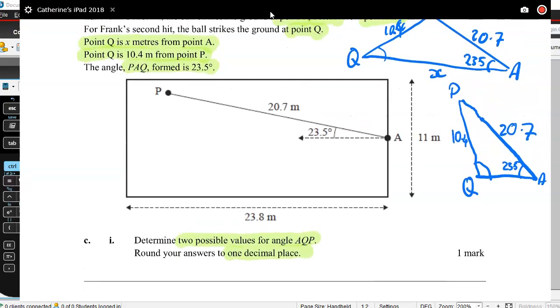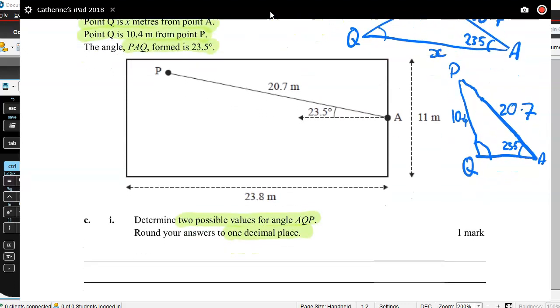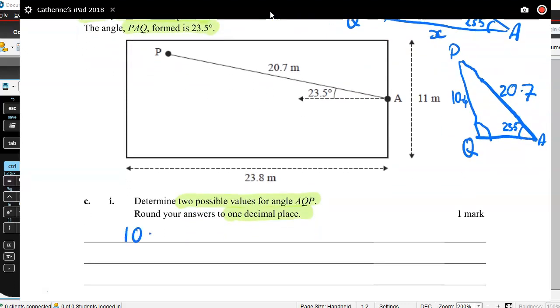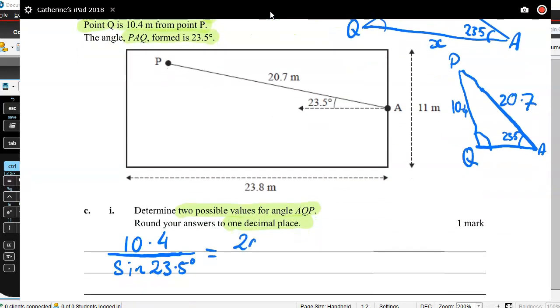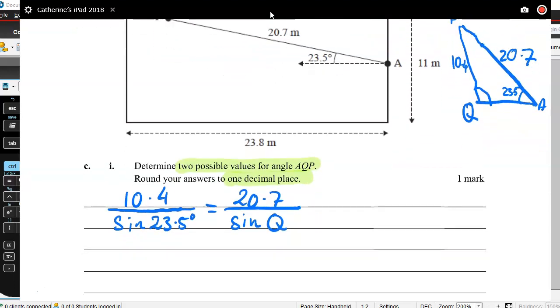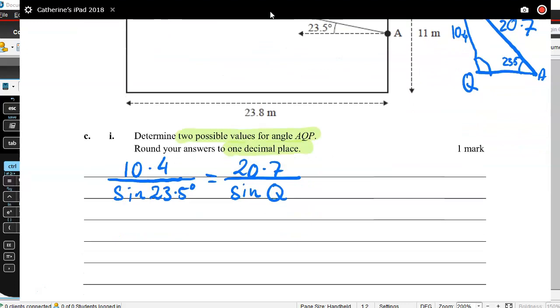I know 10.4 divided by sine 23.5 equals 20.7 divided by sine Q. Now just for ease of transposition, I'll flip that.